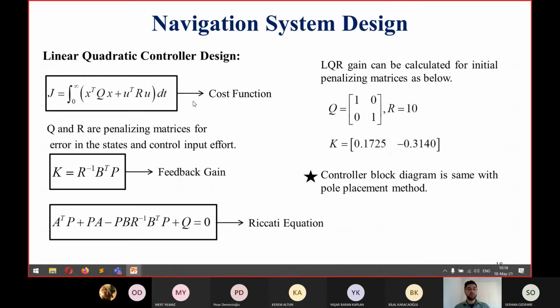In the LQR controller, we have a penalizing cost function which has Q and R penalizing matrices for error in the states and control input effort.